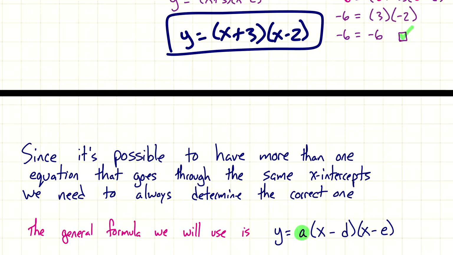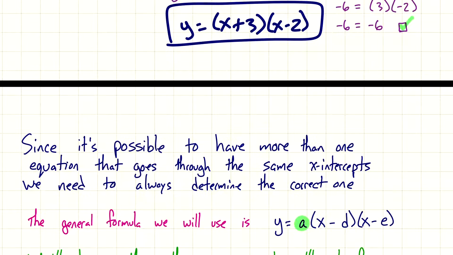If I put a 2 in front, that's going to make everything twice as big. If I put a 3 in front, everything is 3 times as big. If I put a 1/2 in front, it'll make everything half as big. So if I put a number in front, it's going to change the size of all the y values. But you'll notice the x-intercepts will stay the same.